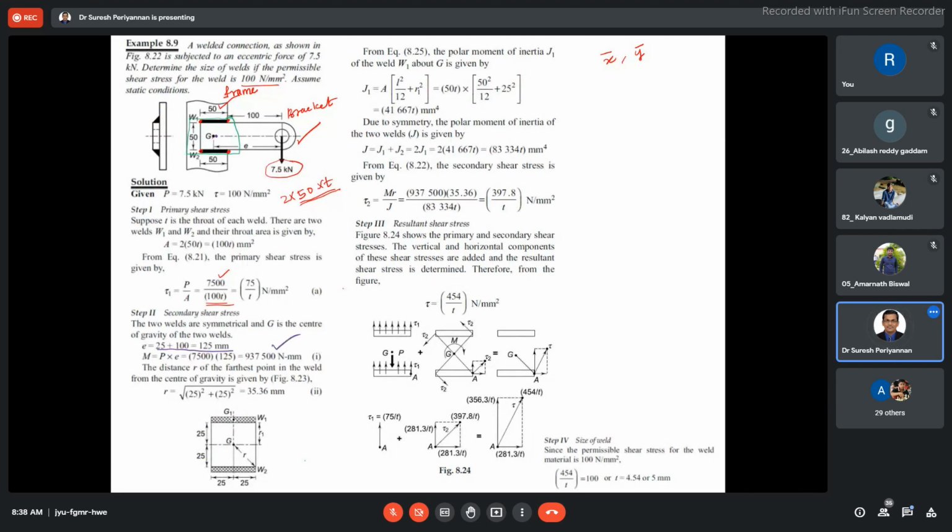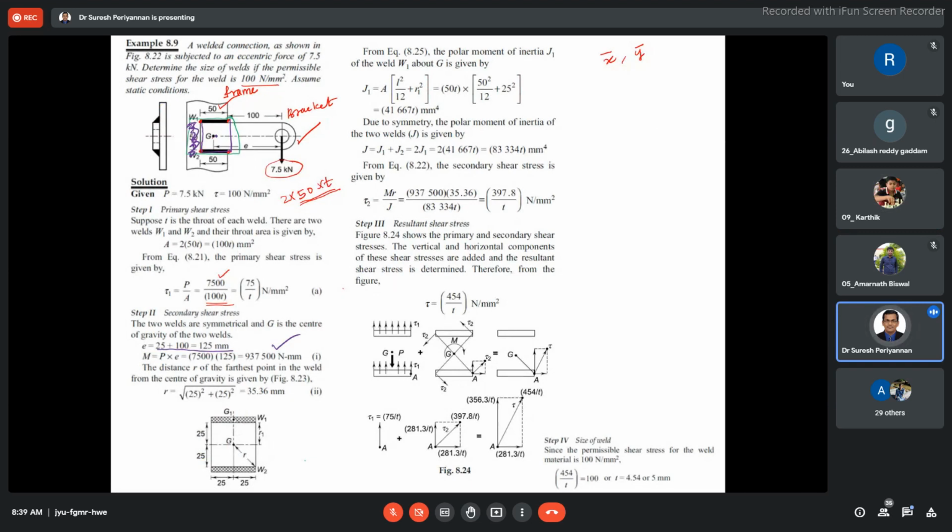Sir, which point is taken as origin, sir? Like we wrote the coordinates of centroid as 25, 25, which point is taken as origin? I'm taking the welded region, because that is the fixed region.